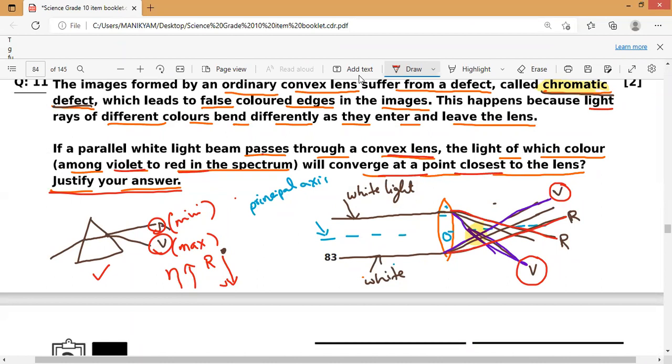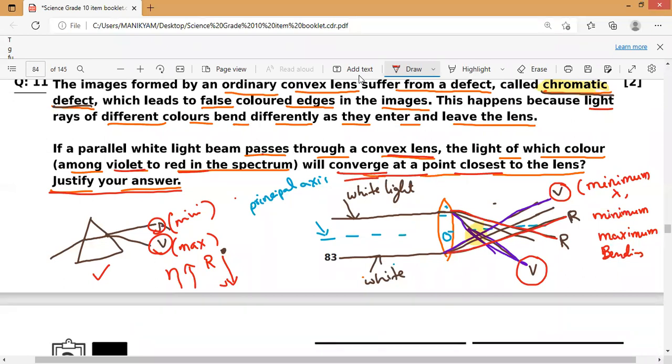It will be closest to the lens because of less speed and less wavelength. Minimum wavelength, minimum speed, and what is having maximum? Maximum deviation. Understanding? That is only called converging closest to the lens.